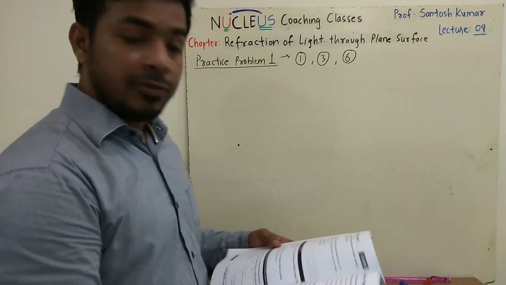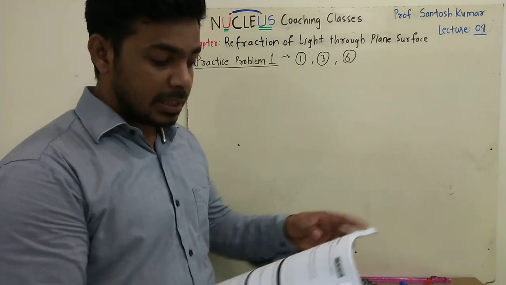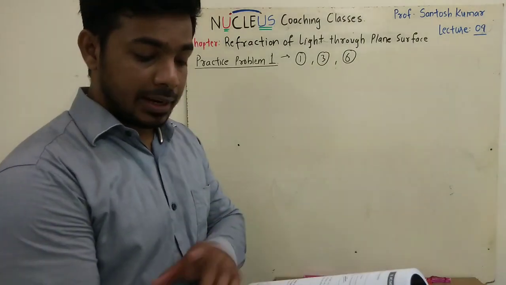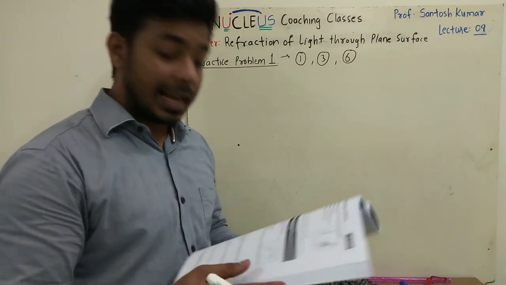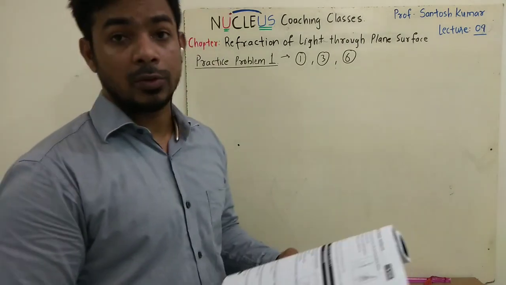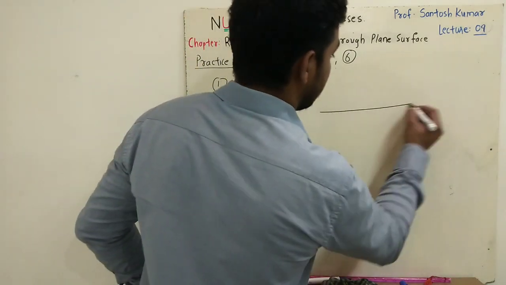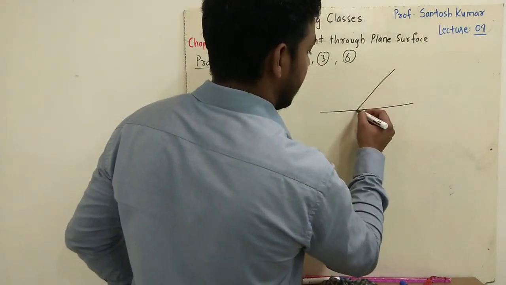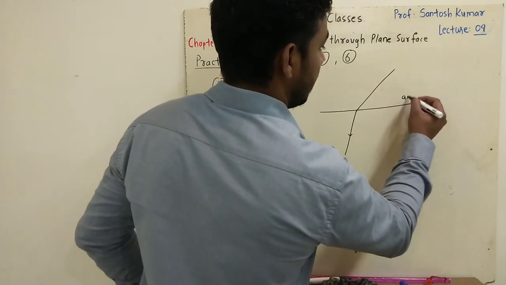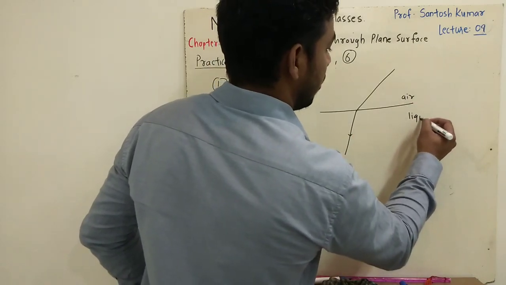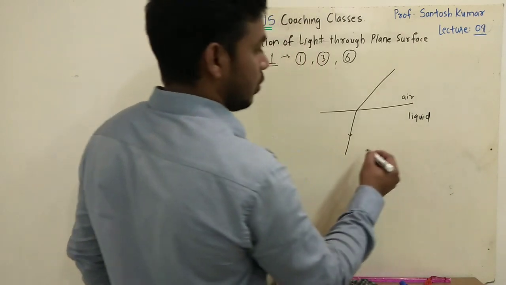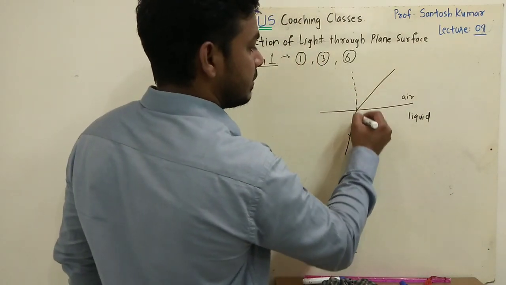Starting with the first question, a diagram has been given where we have to find angle of incidence, angle of refraction and refractive index of the liquid. I will show it on the board: a ray of light travels from air to liquid, and the normal has been given.